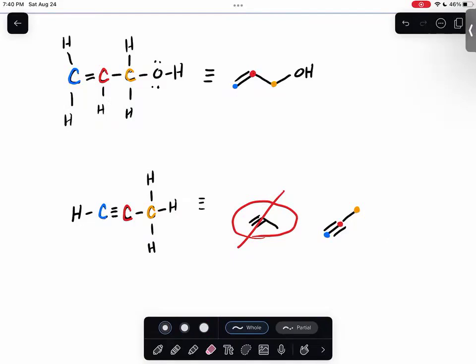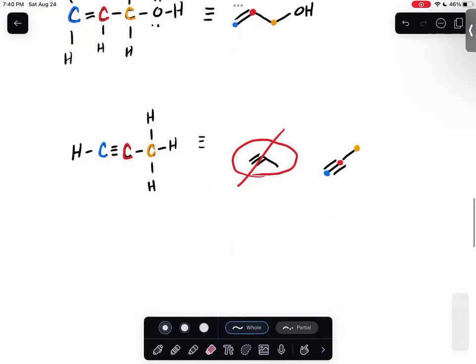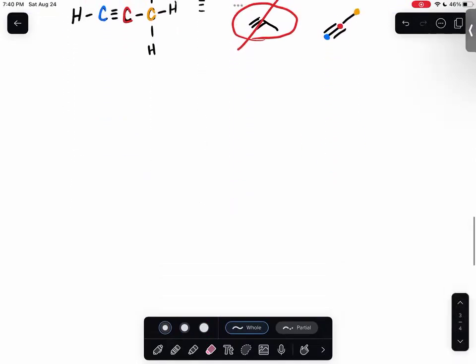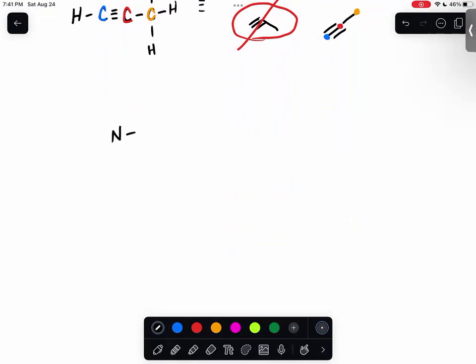So let's move on and let's take a look at something that contains an interesting element. Let's take a look at something that contains nitrogen. Why not? So here would be a traditional Lewis structure of something with a nitrogen. Right, in this one we see that attached to the nitrogen are three CH3s.